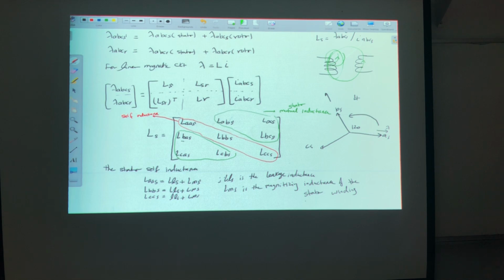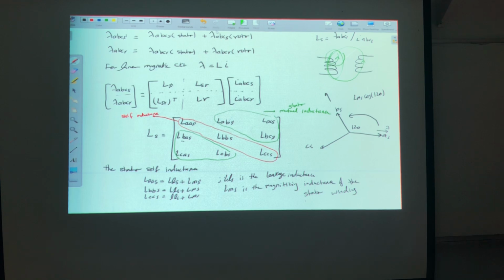So it will be LMS cosine 120. Yes? Of course it will be LMS, but there's an angle, you know? So all the stator mutual inductances, LABS, LACS, LBCS, LBAS, LCAS, and LCBS, are equal, which equals minus 1 over 2 LMS. Why? Because cosine 120 degrees is minus 1 over 2.